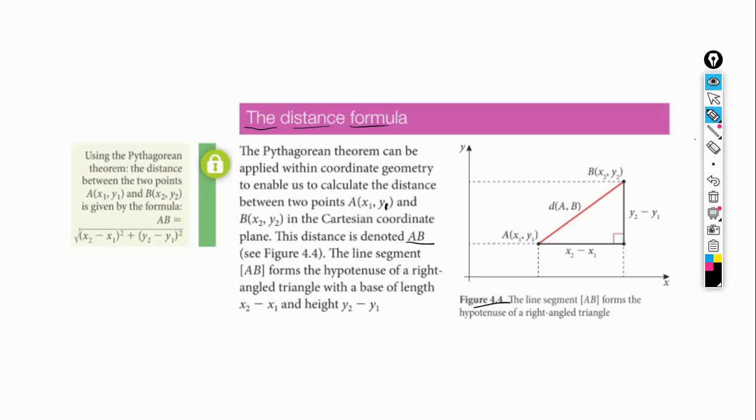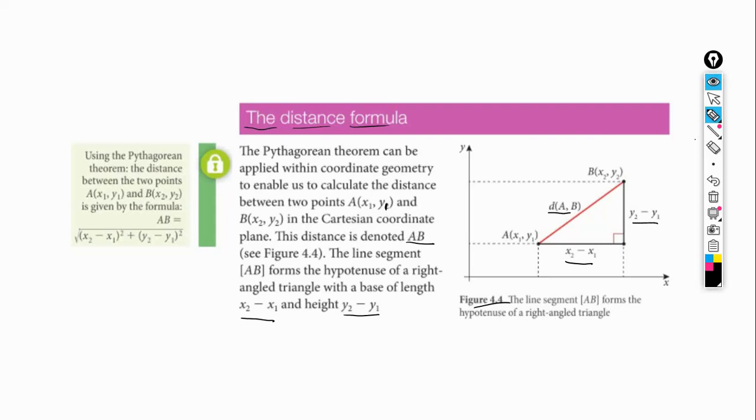The line segment AB forms the hypotenuse of a right-angled triangle with base of length x2 minus x1 and height y2 minus y1. So we can see that illustrated here in figure 4.4, where the hypotenuse would be the distance between the 2 points, and then the difference between the x's is going to give us the length of the base, and the difference between the y's is going to give us the height.